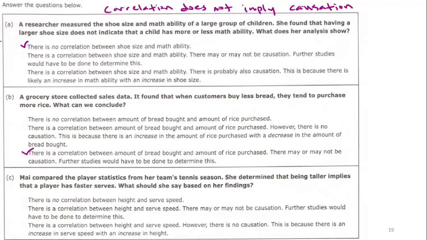There may not be causation. Further studies would have to be done to determine this. And then part C is the same thing. There is a correlation between height and serve speed. There may or may not be causation. Further studies would have to be done to determine this. Okay, so those are the answers for this slide.